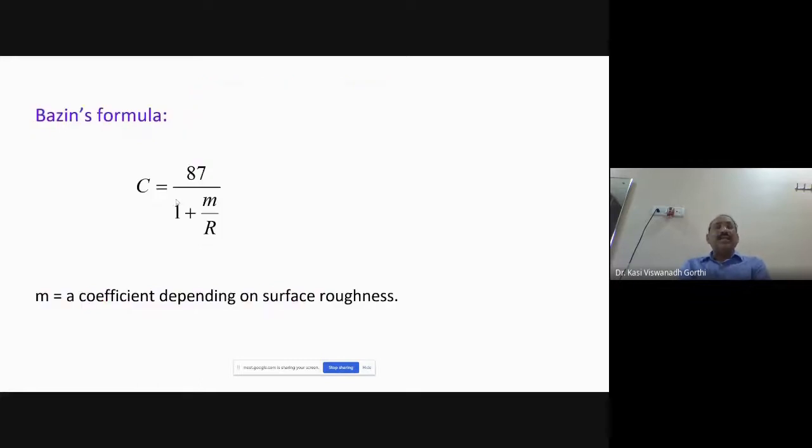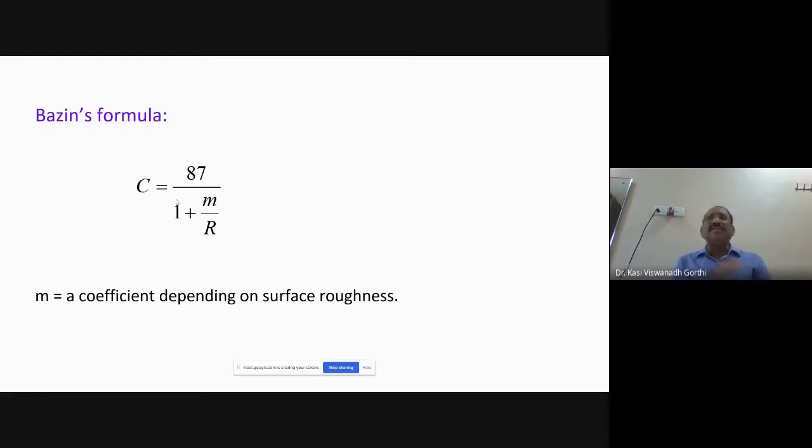Another resistance formula given for open channels is Bazin's formula. Ganguillet-Kutter, then Bazin's formula. This is also an empirical formula. C is equal to 87 by (1 + m by root R), where m is another coefficient depending on the surface roughness.